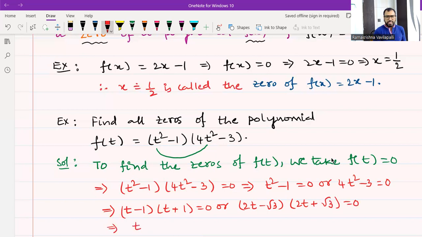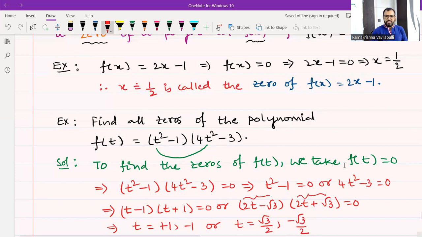So we get t equal to either minus 1 or plus 1, and from the second one t equal to either root 3 by 2 or minus root 3 by 2.